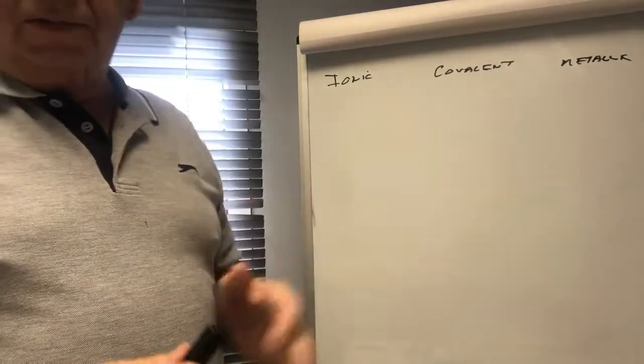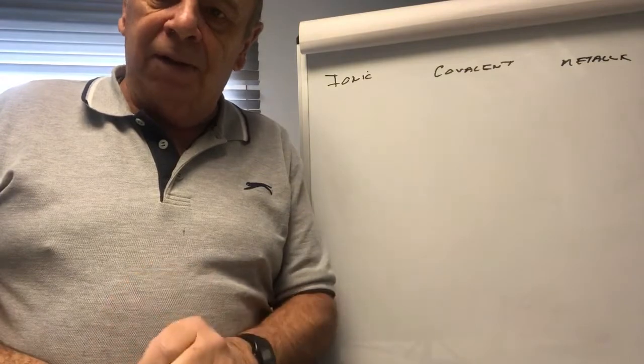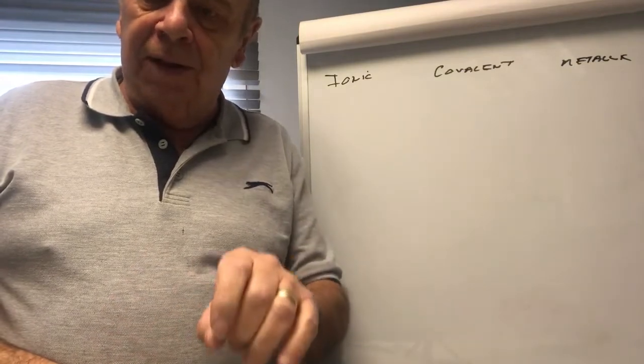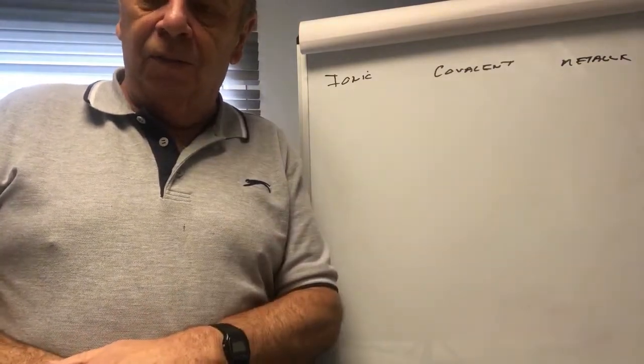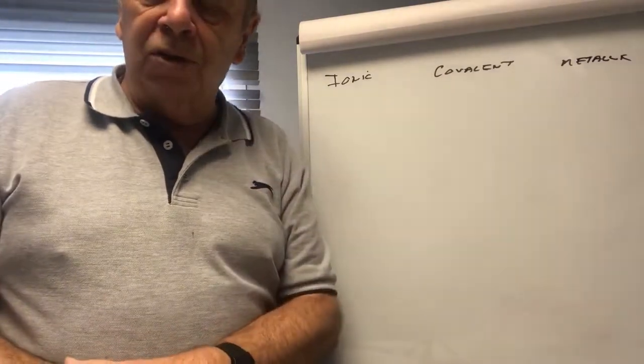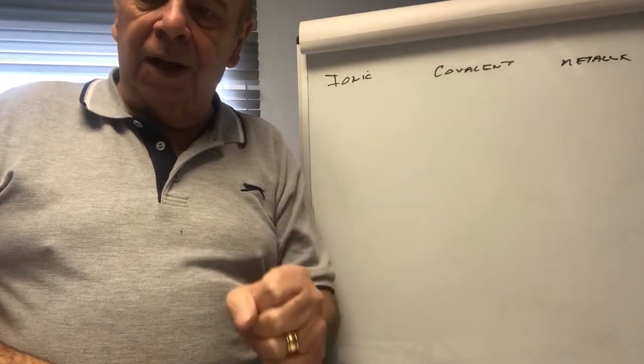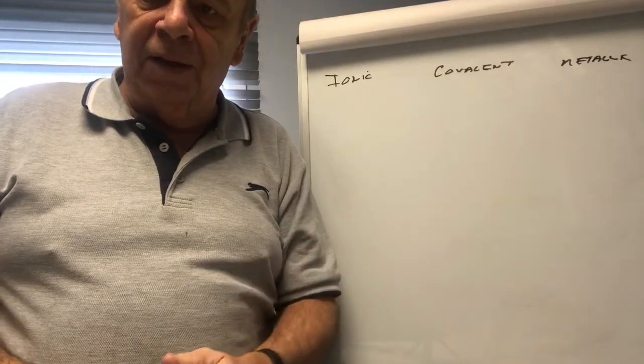Covalent compounds are formed when non-metal elements combine together to form compounds. Metallic bonds are formed inside metals when metal atoms combine together.